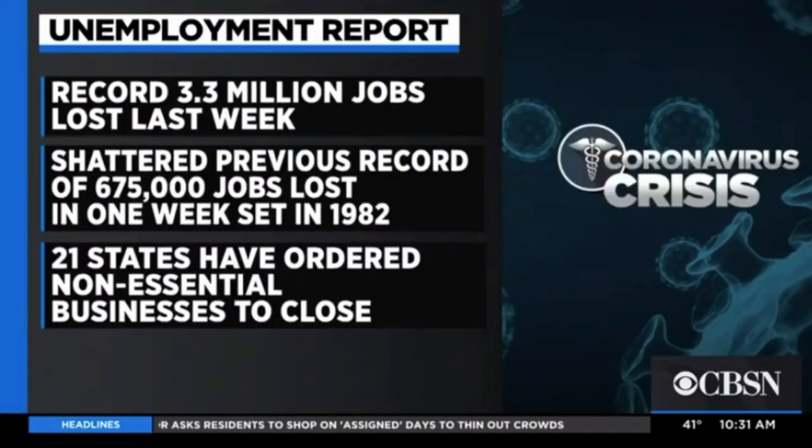Number of Americans filing claims for unemployment benefits has hit a record high for a single week as the coronavirus slams the economy. Nearly 3.3 million people now out of work. Let's bring in Yahoo Finance anchor Adam Shapiro, who joins me now on the phone. And Adam, help us contextualize this. 3.3 million, it's a big number, but what exactly does this mean for Americans and the economy as a whole?